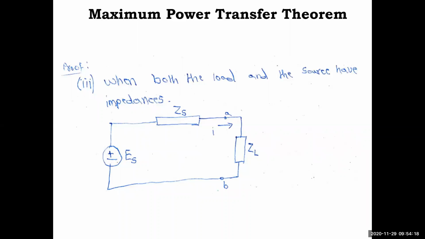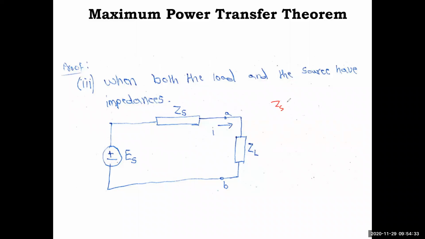When both the source and the load have impedances, the circuit will look as shown. So ES, ZS and ZL, and again current I is considered. So both are here in complex form.